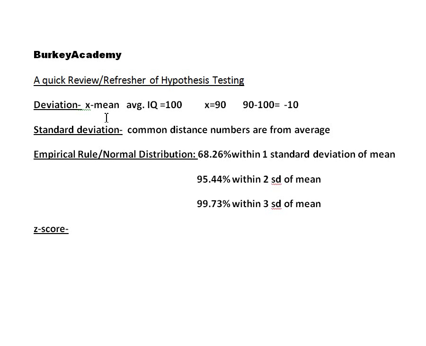To give you a concrete number to think about, for IQ, the standard deviation, I'll abbreviate that SD, although sometimes we use the letter S or the Greek letter lowercase sigma, is 15 IQ points.